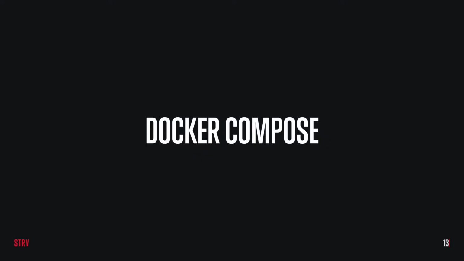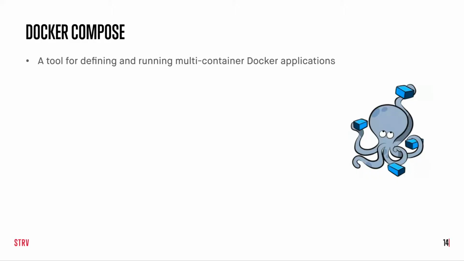That's probably all. And now something about Docker Compose quickly. Docker Compose is a tool for defining, running and managing multiple containers. There are, let's say, two supported versions of Docker Compose.